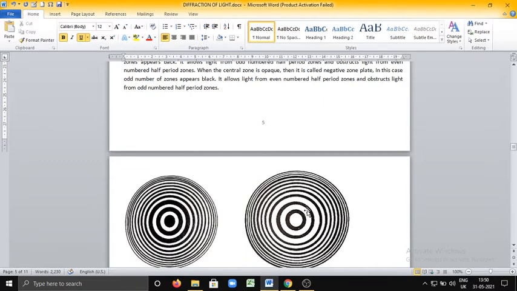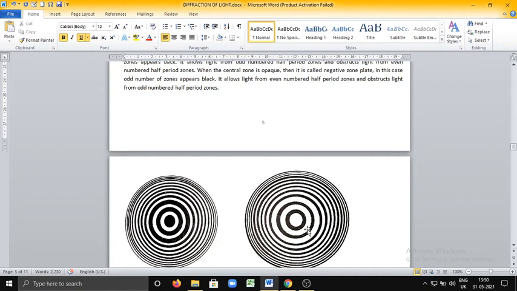In this case, as we can see in this diagram, all the odd number of zones are transparent and allow light to pass through, whereas the even number of zones, that is 2, 4, 6, 8, 10, etc., are opaque.